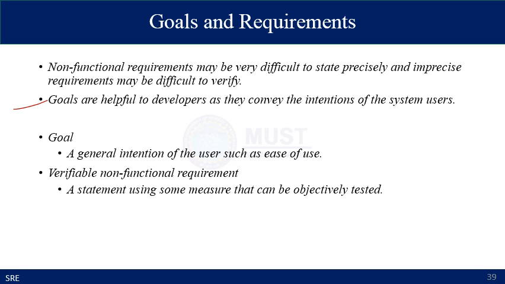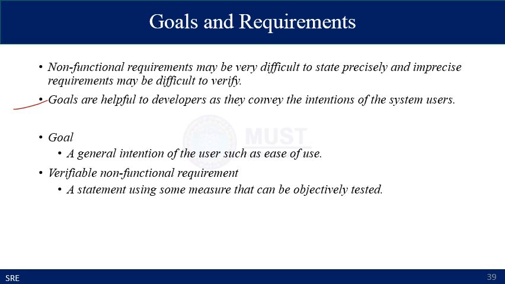Goals are helpful to developers as they convey the intentions of the system users. A goal is a general intention of the user, such as ease of use, and it is not a verifiable non-functional requirement. A statement using some measure can be objectively tested.